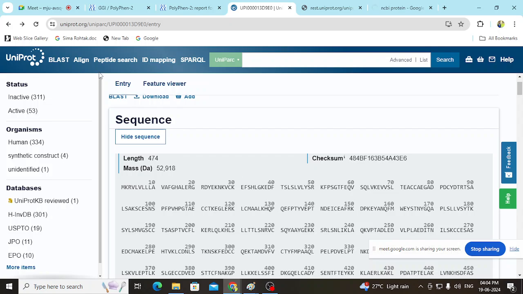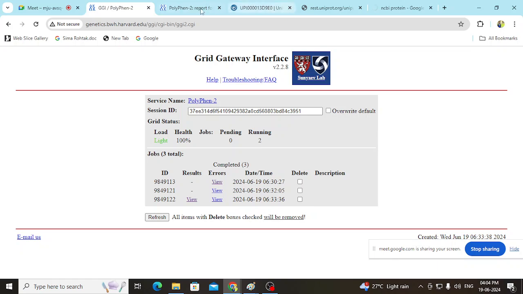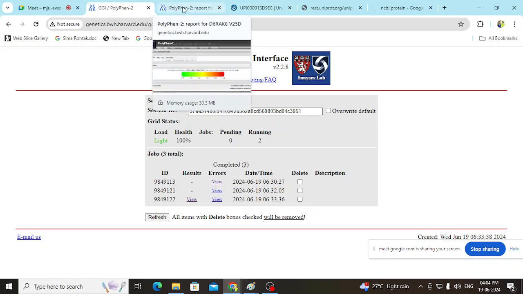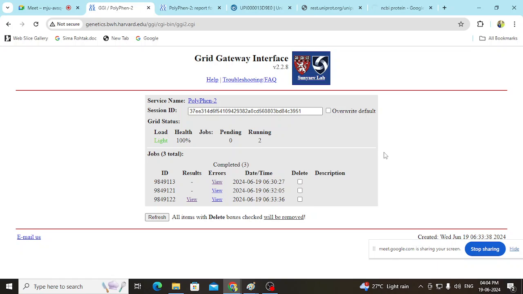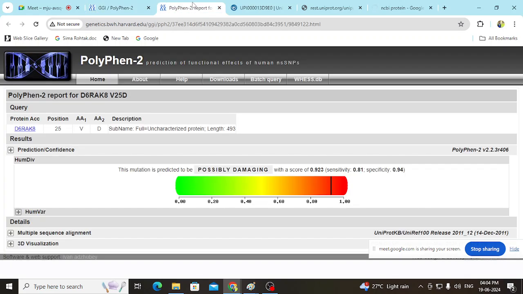So we identified the sequence and ran this particular software, where we use the grid computer network of Harvard University, to find the impact of the mutation. We mutated the sixth amino acid from valine into aspartic acid, and this is the result.